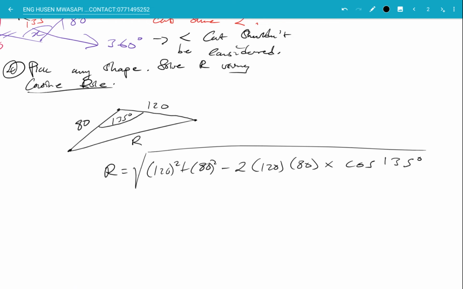So basically all you have to do is get your calculators and punch these in, because this cosine thing is something that we all know. So what are you going to be having?